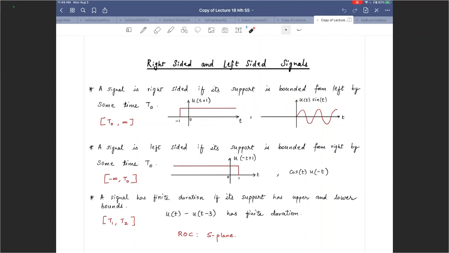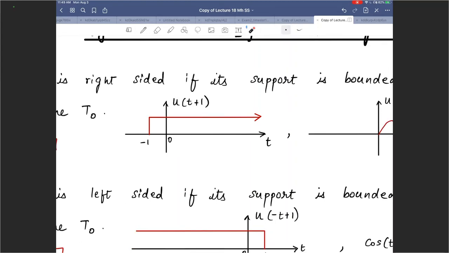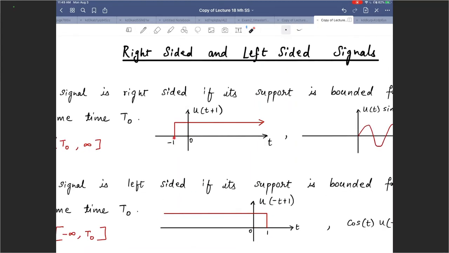A signal is right-sided if its support is bounded from the left by some time t0. For example, here you have u of t plus 1, which is sketched this way. The signal is bounded on the left, but it keeps going to the right. That is a right-sided signal, bounded on the left, in this case by t0, and here t0 is -1.